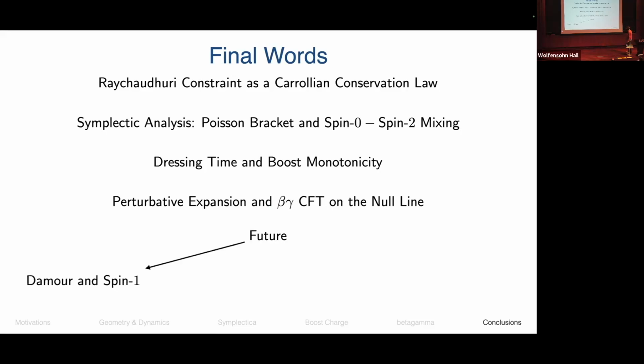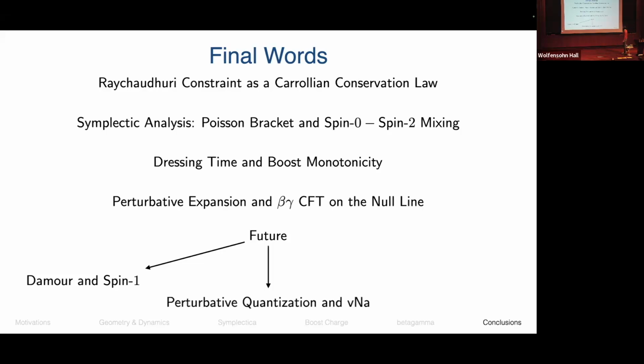The first thing that I'm working on these days is the obvious generalization to include Damour, so to include the equation related to the time evolution of the Hajicek one-form, and of course therefore reintroduce the spin 1 in the theory. This requires the notion of a more sophisticated dressing, but this is very interesting.